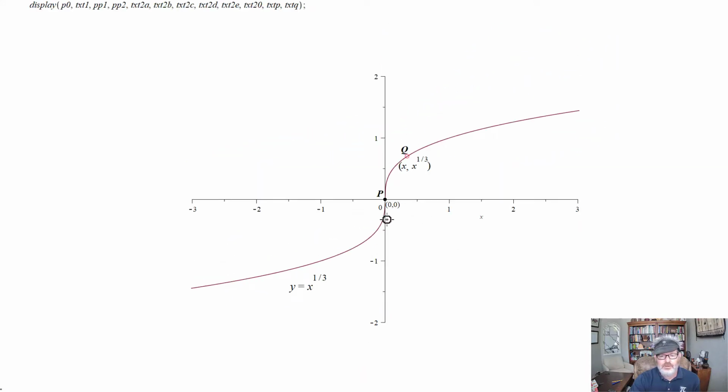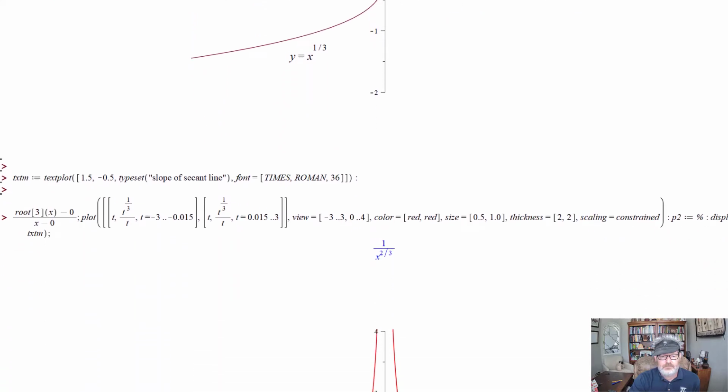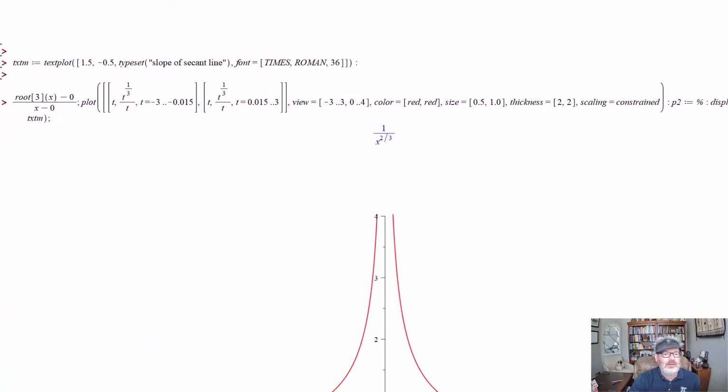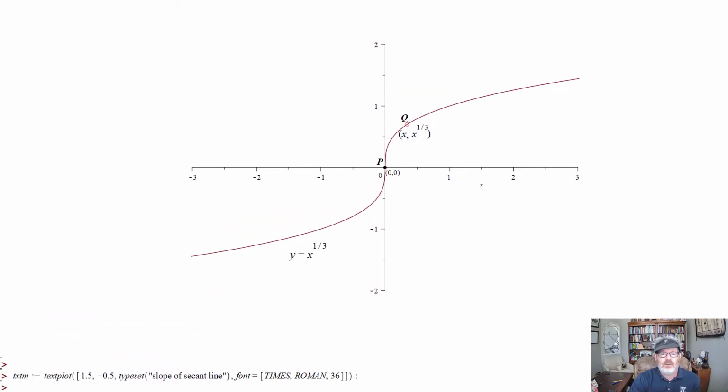Anyway, all right, so one last example. The same function, but now p is at the origin, 0, 0, instead of 1, 1. There's going to be a little trouble here. So if I let q approach p, then the change in y is x to the 1/3 minus 0, which is just x to the 1/3.